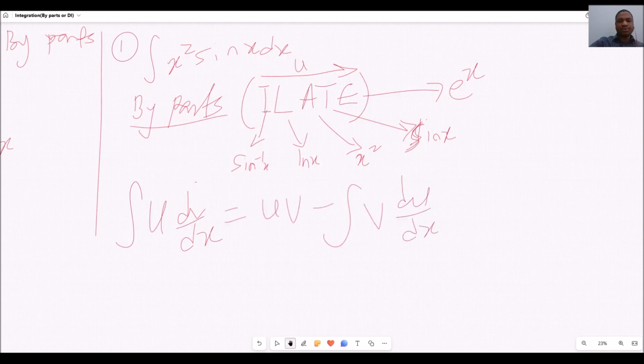Okay, so my u is x squared, my dv/dx is sine x. Okay, that's good. We're getting somewhere.